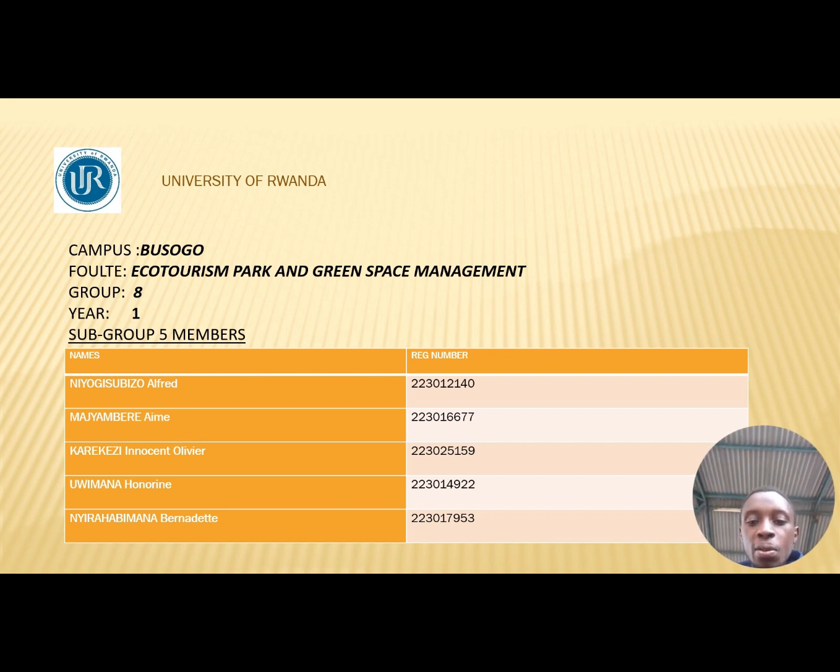My name is Niyagisus Alfred from Group 8, Ecotourism, Park and Green Space Management. We are here as subgroup 5 to study humidity. My group members are Niyagisus Alfred, Majambre Eme, Karekezi, Inosa, Uwimana Honorine, and Nyirahabimana Bernadette.